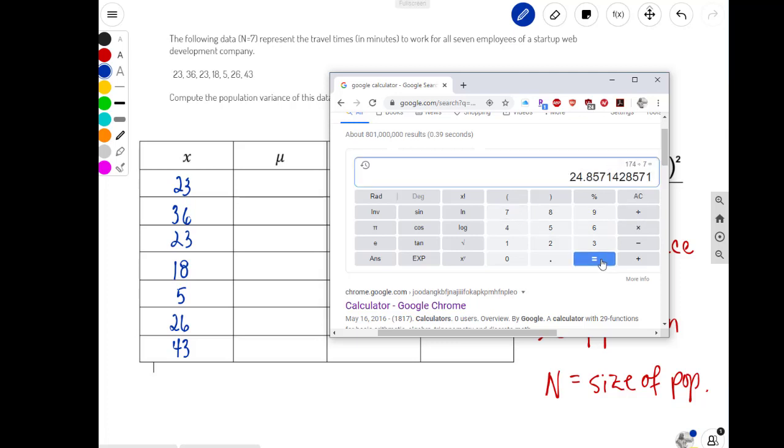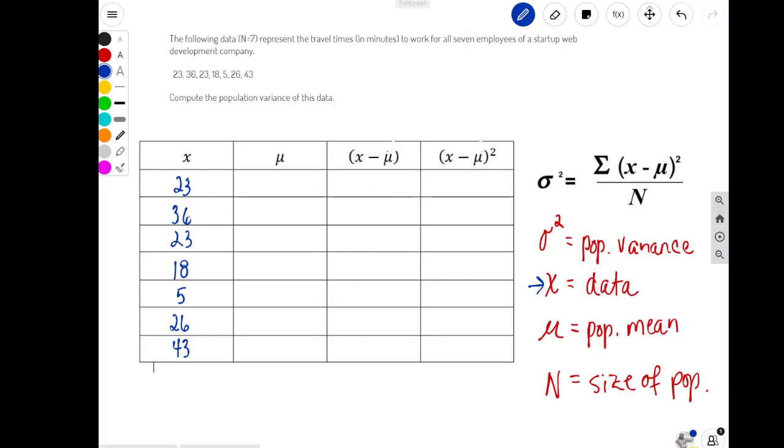And I get that the mean for my population data is 24.857. So I'm just going to say it's 24.9. Notice that I have rounded. And that is the mean for all of this data.